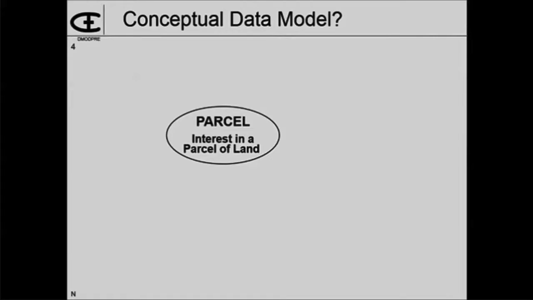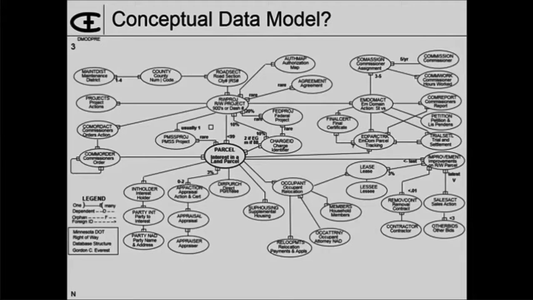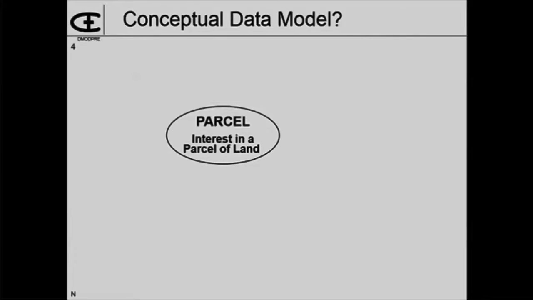Is this a conceptual model? And all I've done, if you observe, is take the parcel interest in a parcel of land and said, okay, I'm starting there. Now that includes everything that was in the previous model and then some. Is this an abstraction? Yeah. The extreme. Anybody heard of context diagram in DFDs, in process modeling?